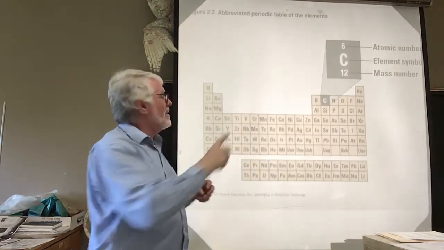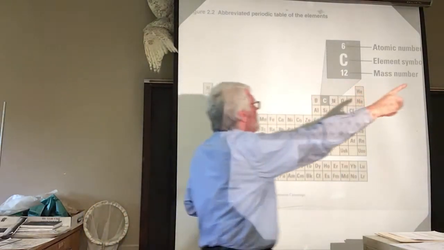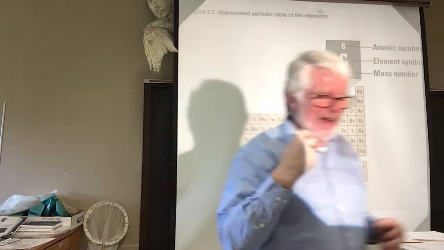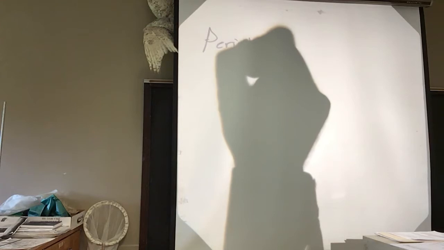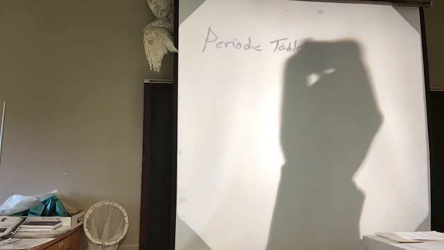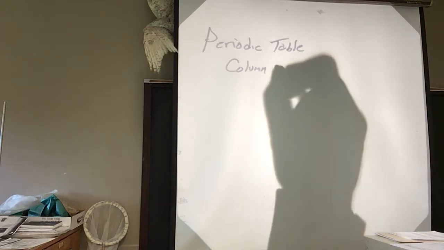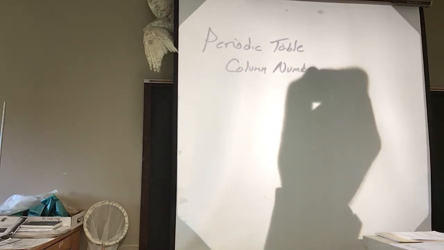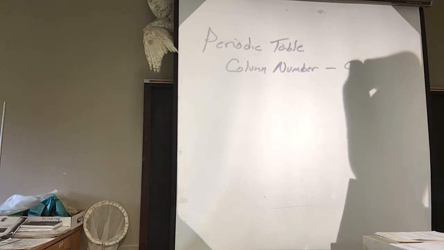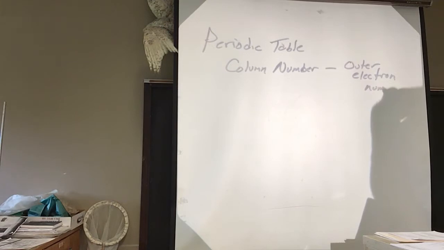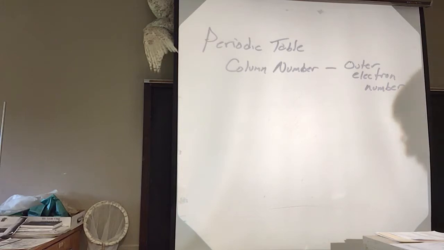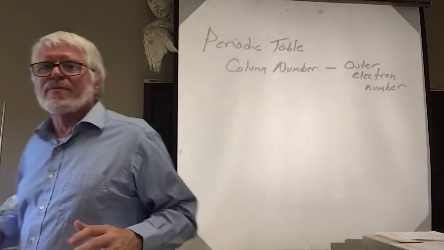That's the smaller level: 1 electron in the one that holds 2, 2 electrons in the one that holds 2. So the column number equals the number of electrons in the outer level.